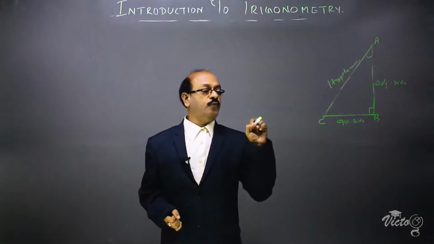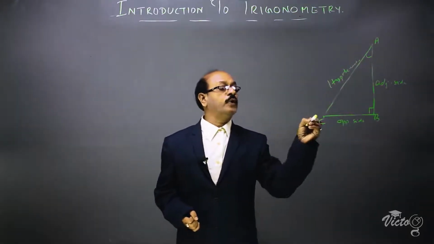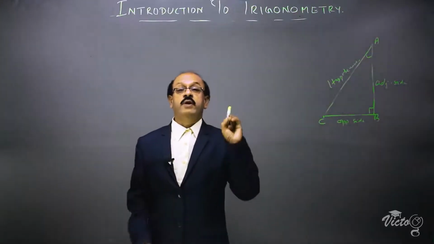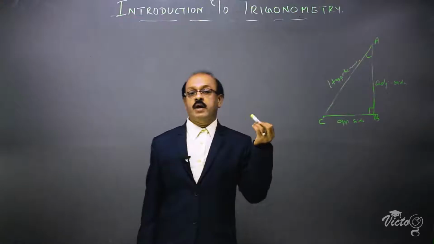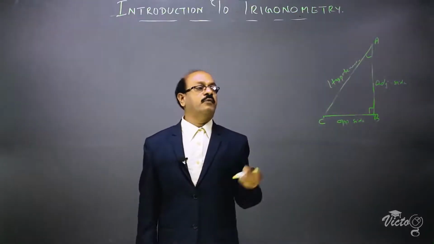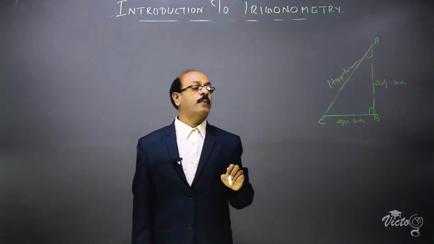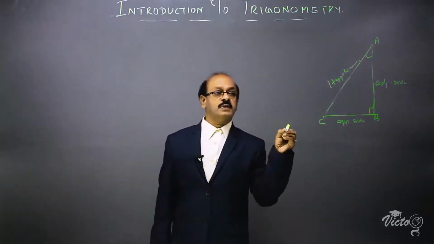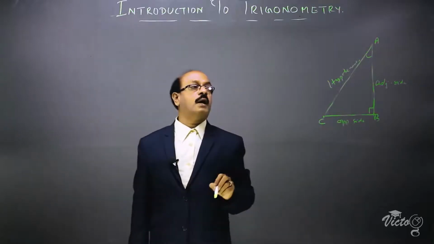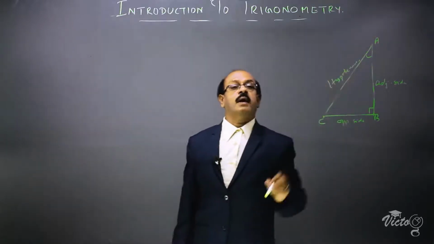Now, if we divide the length of the opposite side by the length of the hypotenuse, we will get a ratio. That may be a fraction, a whole number, a decimal number, or anything. We are getting a ratio by dividing the length of the opposite side by the length of the hypotenuse. That ratio is called sine of this angle.